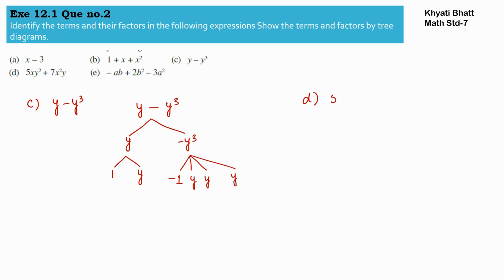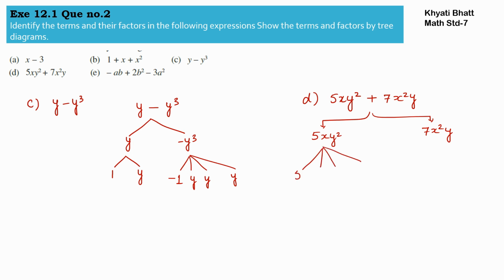D. 5x y square plus 7x square and y. So first of all, here two terms are there, that is 5x y square and 7x square and y. So here let us separate these terms.